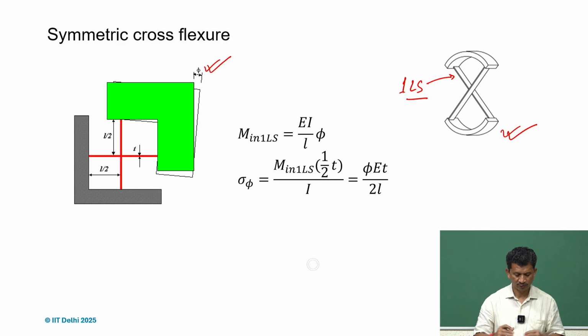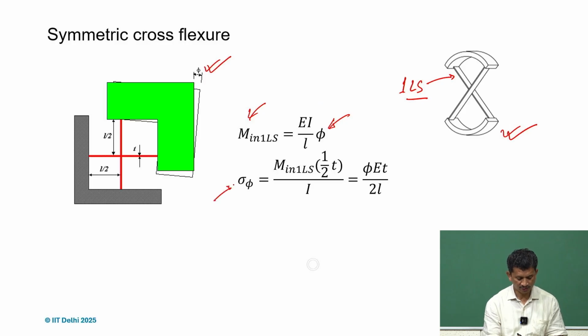Because of bending, the moment and the deformation phi are related through EI by L. This is how moment and phi relate in a single leaf spring.